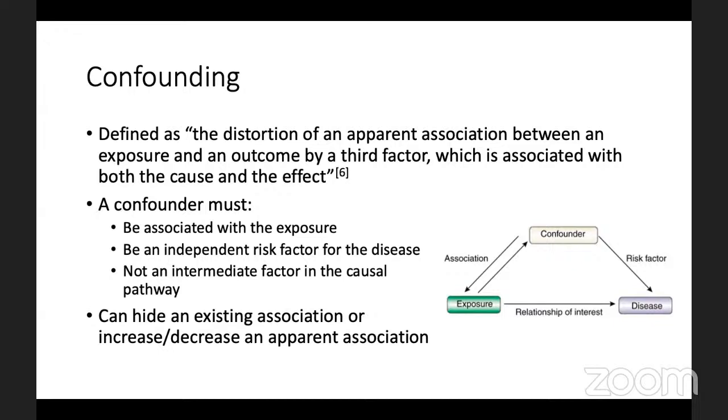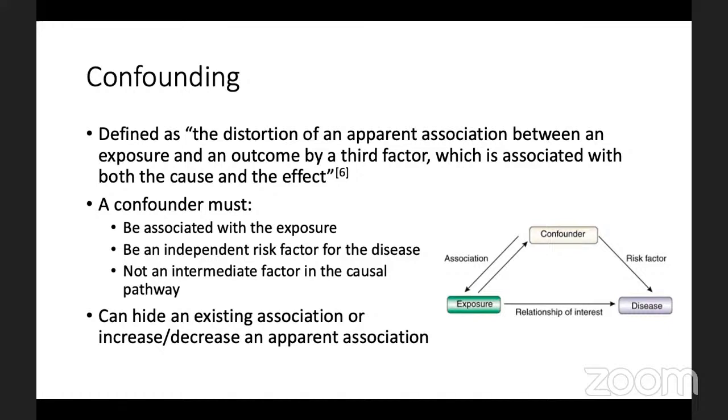So an example is if we look at the effect of dust exposure on the development of COPD, a confounding variable here would be smoking. So if we look at the requirements for a confounder, number one, smoking is associated with the exposure in that more or fewer people who smoke may have been among those who were exposed to dust as opposed to those who were not exposed.